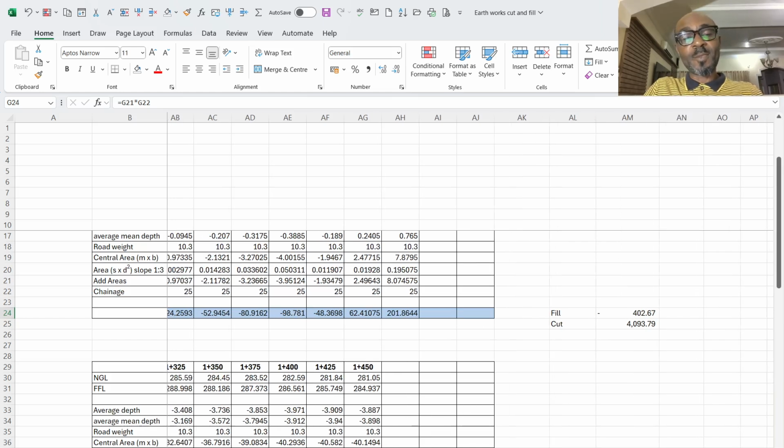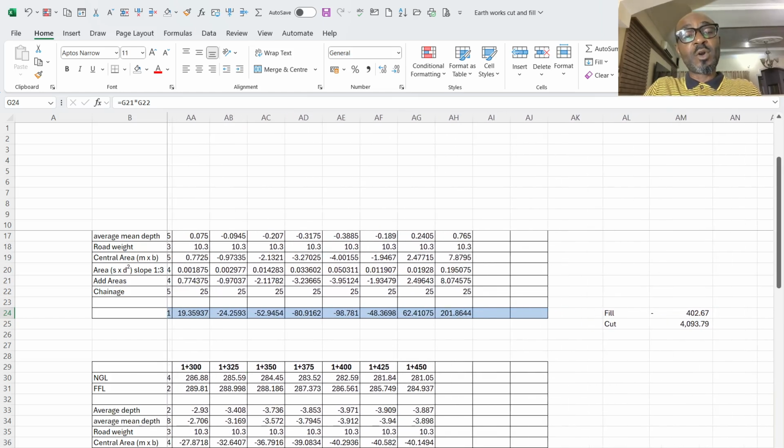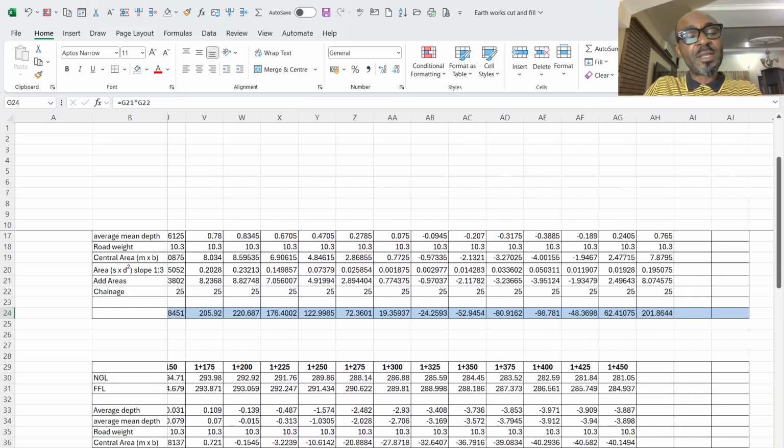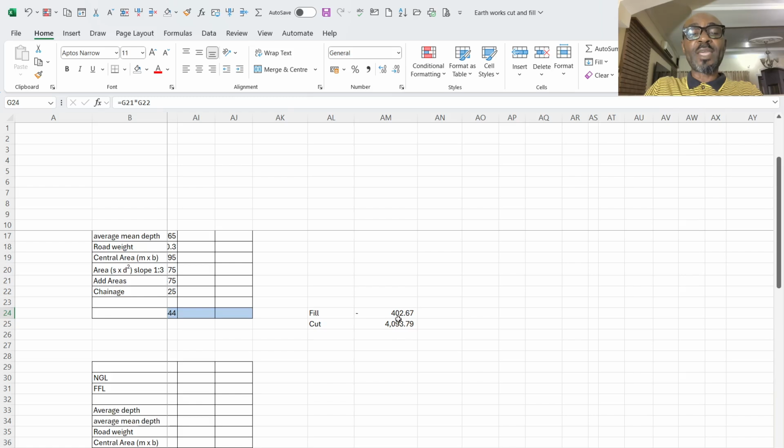So also I came to this other area too. Now, because I have a combination of both cut and fill in this direction, I came again and used the same IF function in my computer to tell the computer that you should sum up everything that is less than 0 in one cell and sum up anything that is greater than 0 in the other cell.